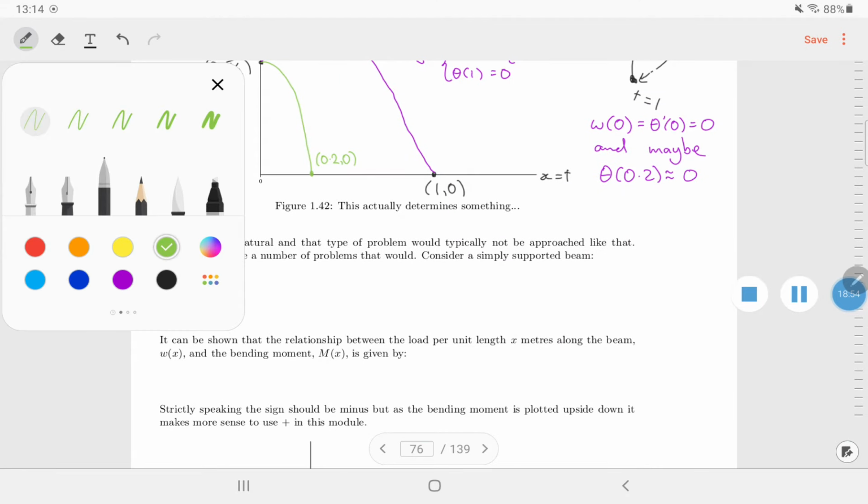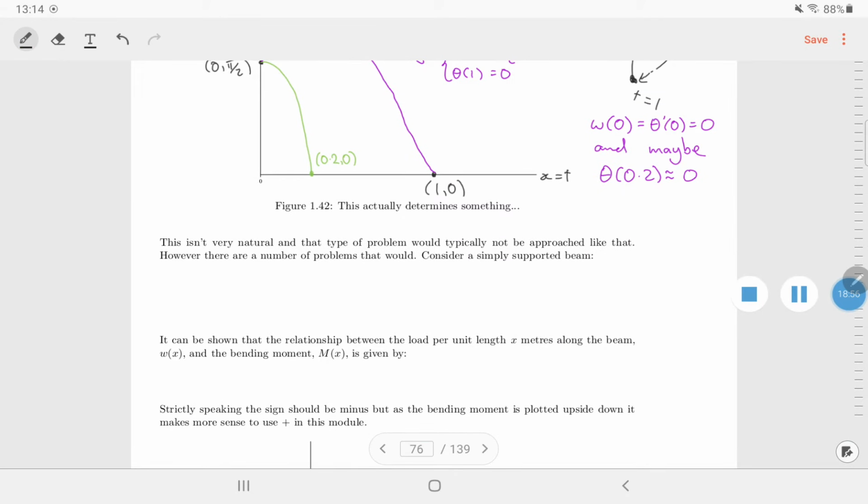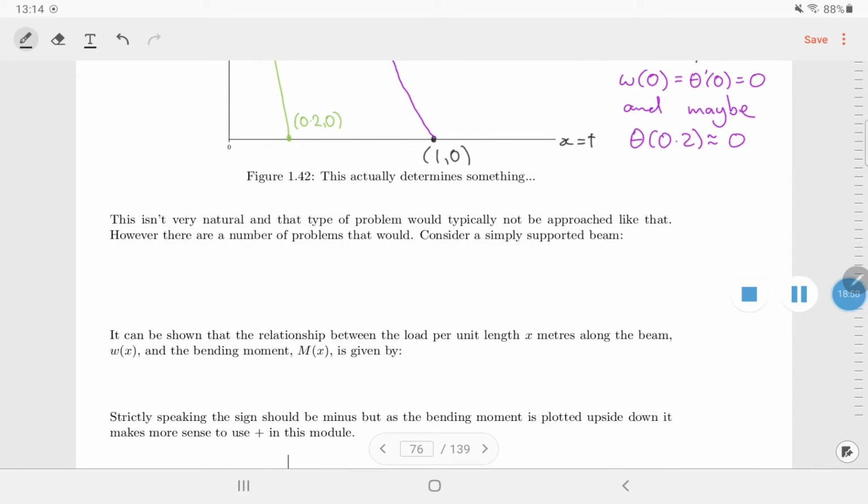For example, think about what's called a simply supported beam. You've got one support that's fixed and another support that's on a roller. Hopefully I'm drawing the thing between these.